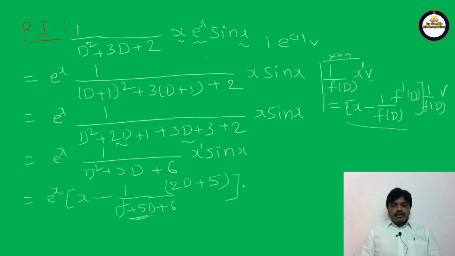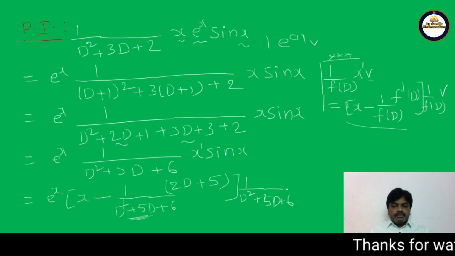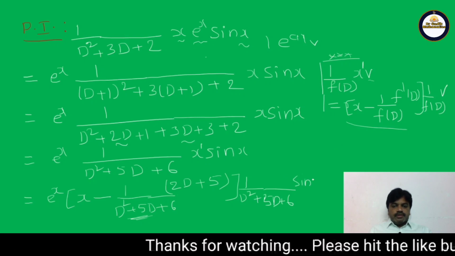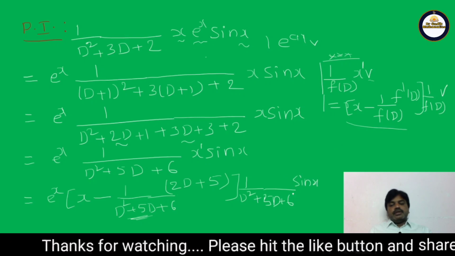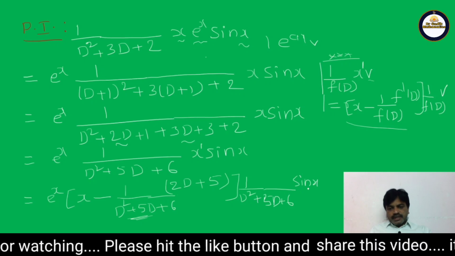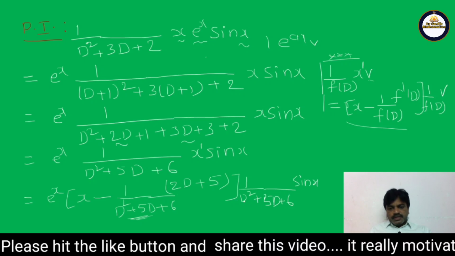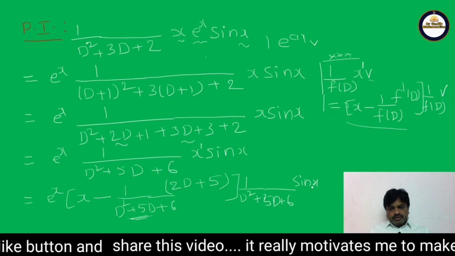Into 1 by f of D, so 1 by D square plus 5D plus 6 into v, v means sin x. Now we have sin x here, friends, so replace D square by minus 1 square, since a is 1 here.